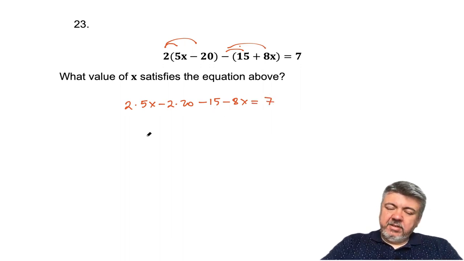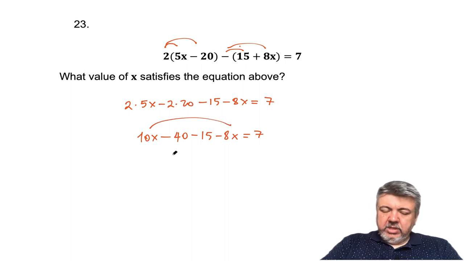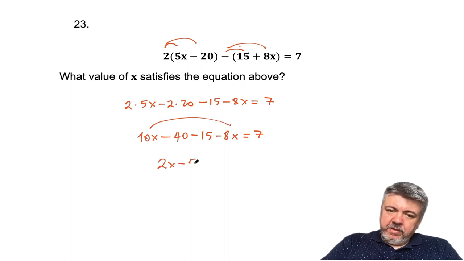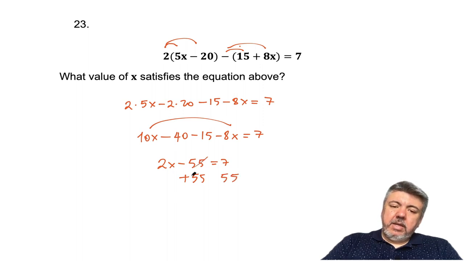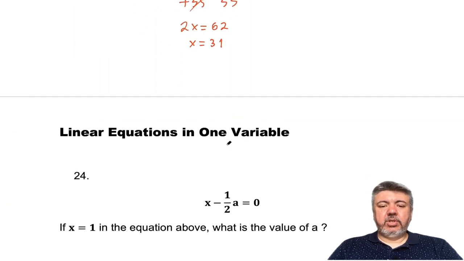Let's see what we have here. 10x minus 40 minus 15 minus 8x equals 7. These are 2x minus 55 equals 7. Add 55 to both sides. It's 2x equals 62 and x equals 31. Yes. Next question.